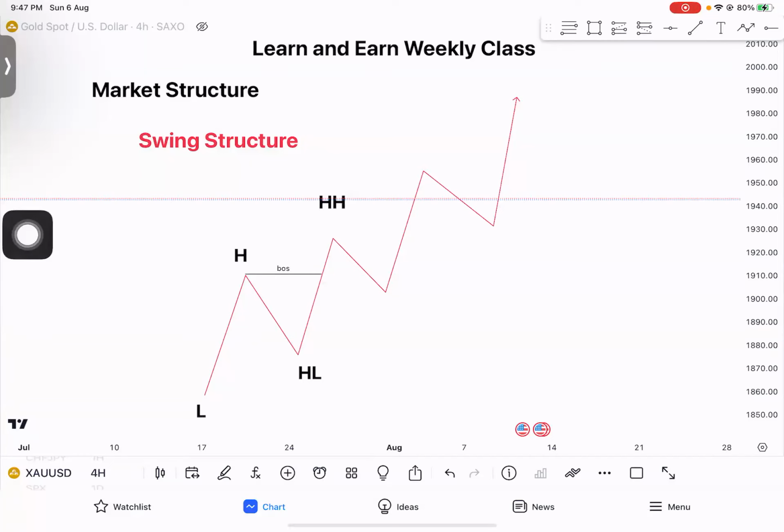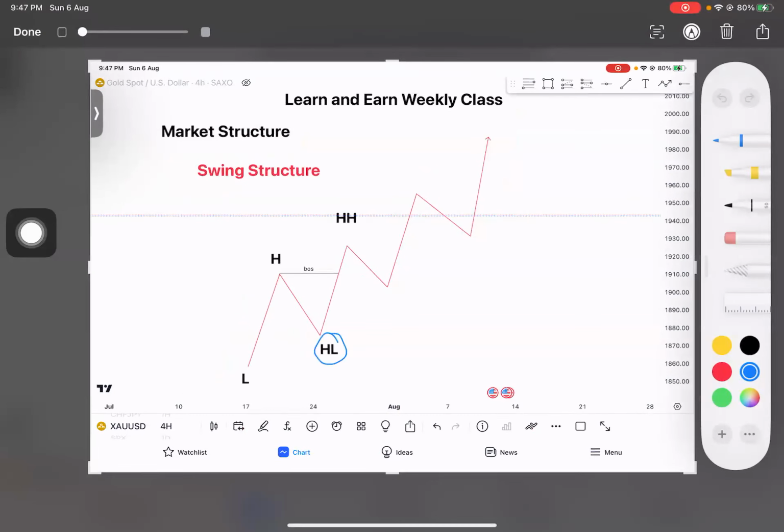This higher low is only valid when it breaks out the previous high and forms a new higher high. If it doesn't break out the previous high, this will become a weak low, which has possibilities for reversal.